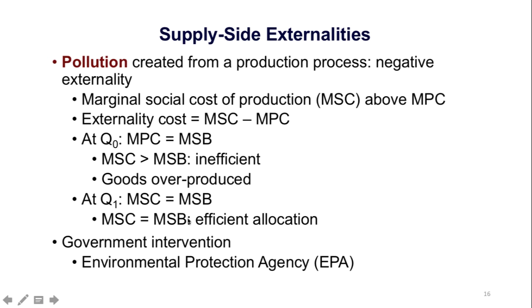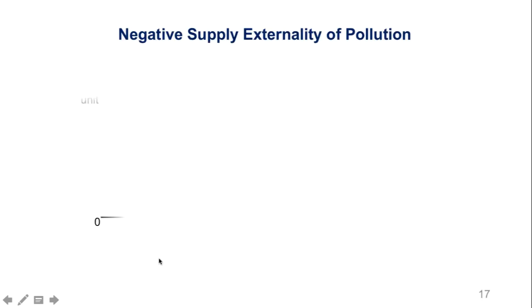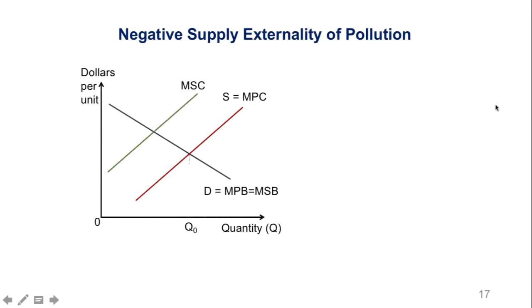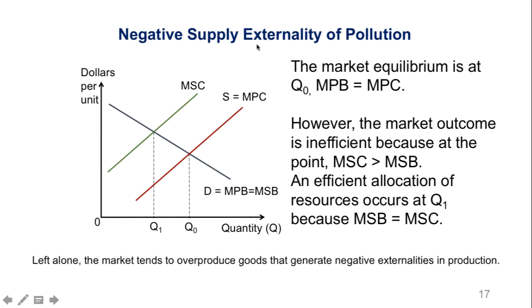And so we have to decrease the quantity, and graphically we show this under the role of the Environmental Protection Agency. The government intervenes and tries to decrease the amount of production. In the case of negative supply externality of pollution, the market equilibrium without government intervention is at Q0, where the marginal private benefit is equal to the marginal private cost.